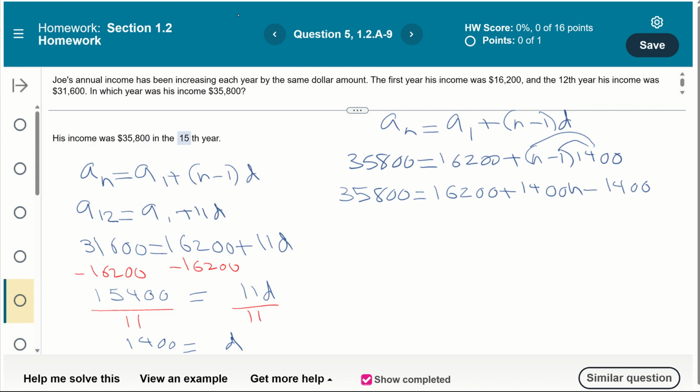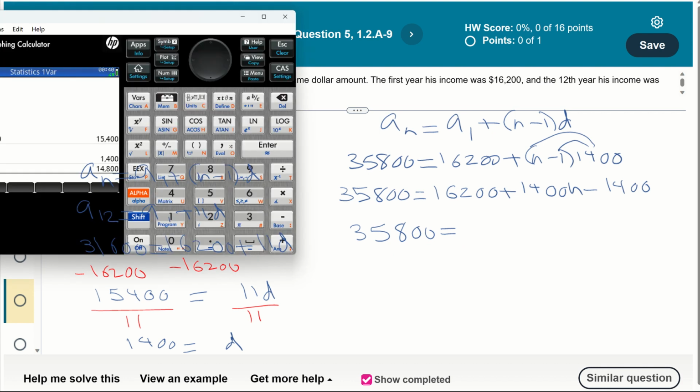So we have 35,800 equals 14,800 plus 1400n.